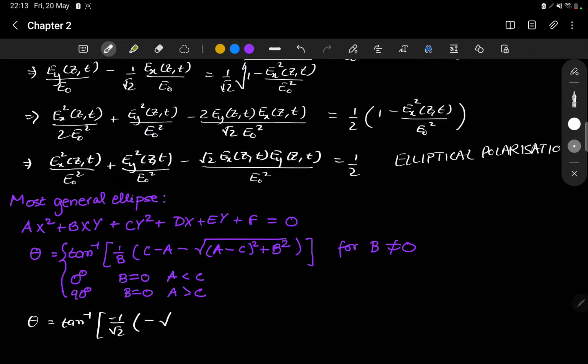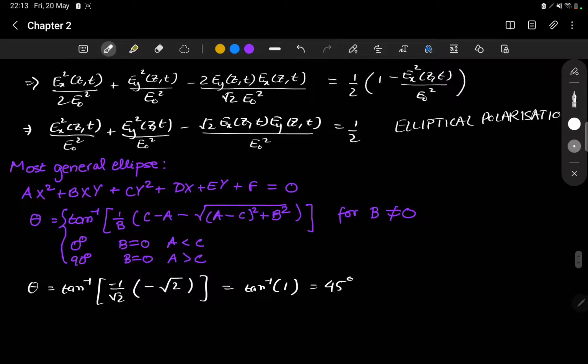So A minus C whole square will be 0. Inside the square root, we will have once again B squared. So B squared is nothing but 2. So this gives us tan inverse of 1, which is nothing but 45 degrees.